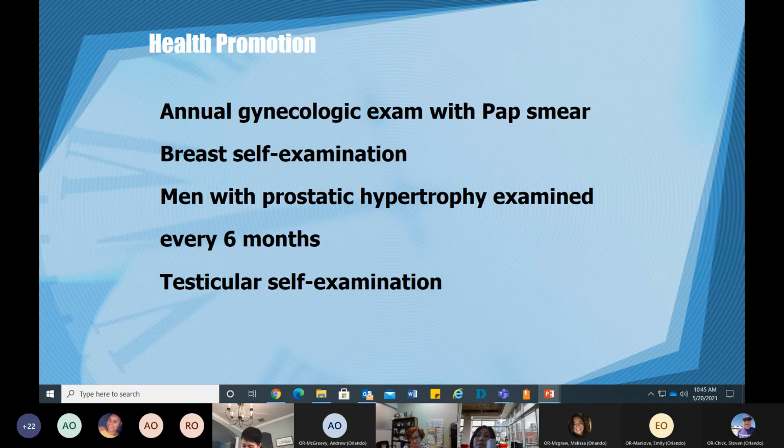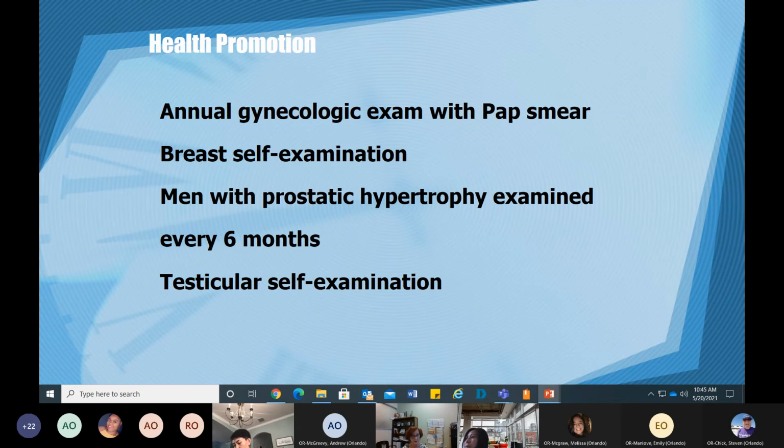So we need to be very private, and we do have to ask permission before we get into those types of questions, because we want to make sure they understand that sexual activity is normal for older adults, but they need to be comfortable with us.